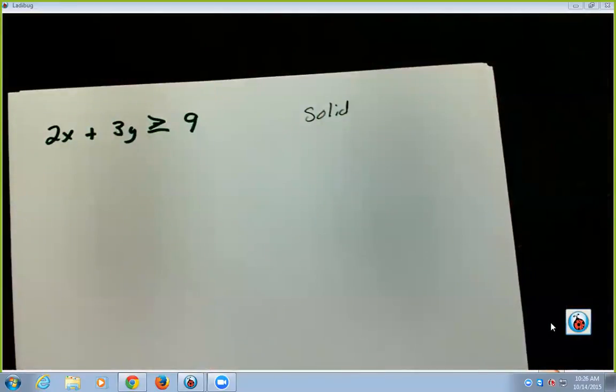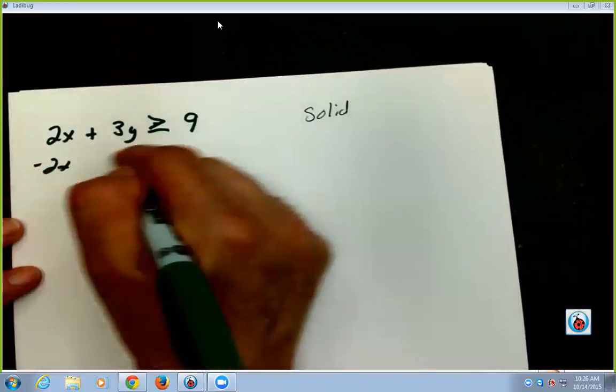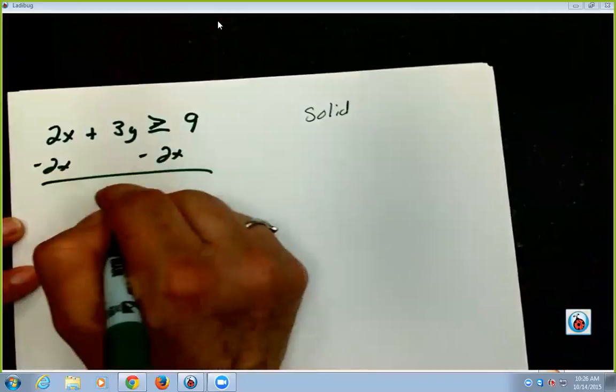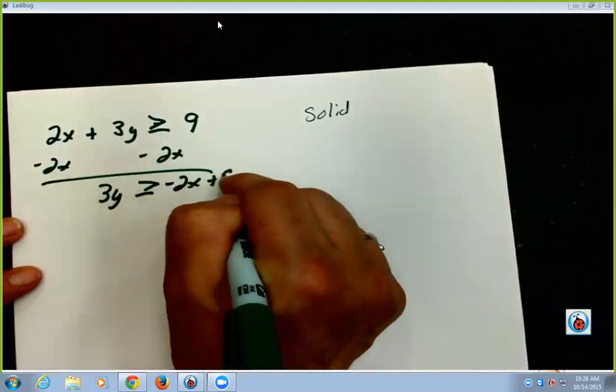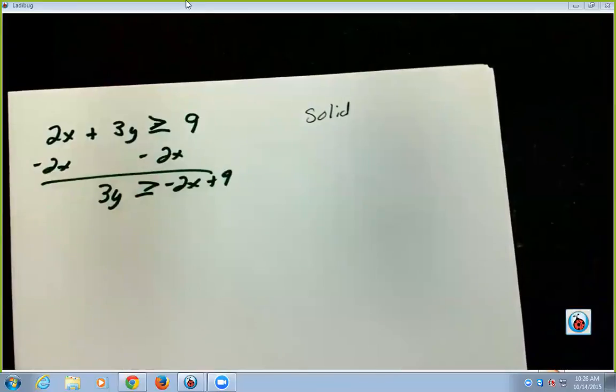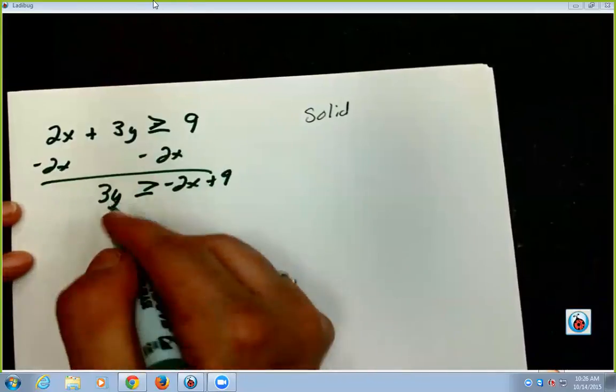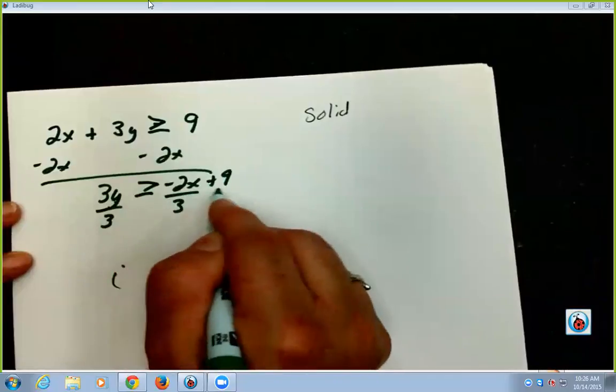But I can't graph this the way it looks, right? Because I need to make sure that I get stuff on the right side here. So I'm going to minus 2x. So now I have 3y is greater than or equal to a negative 2x plus 9. And then from here, I need to get y by itself. So divide each piece by 3.